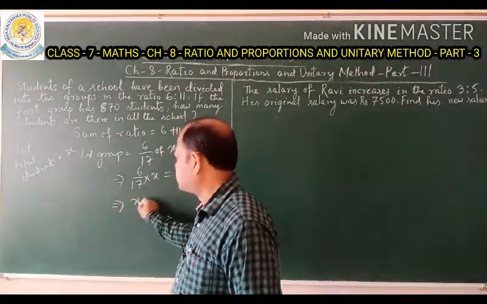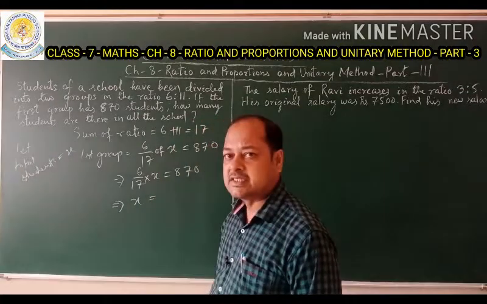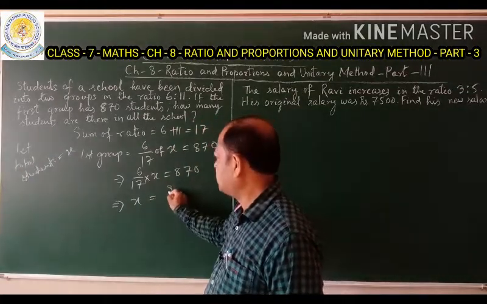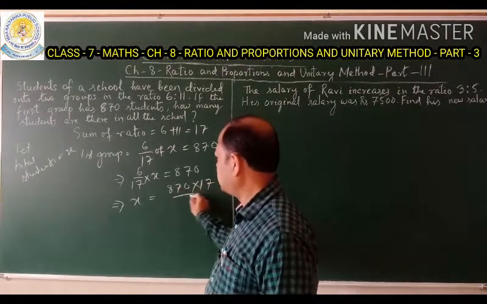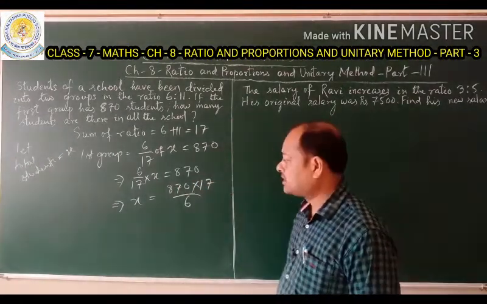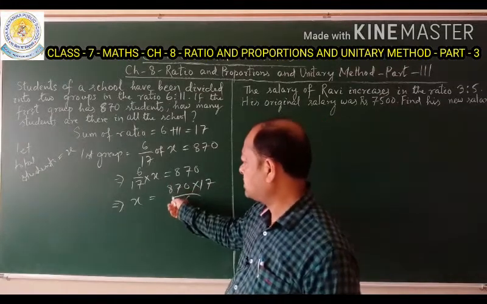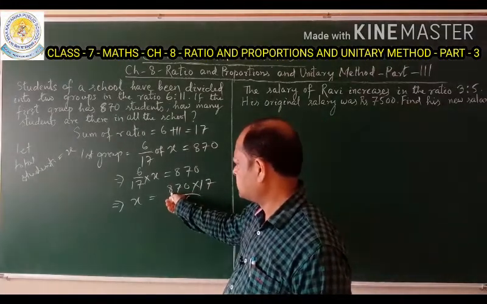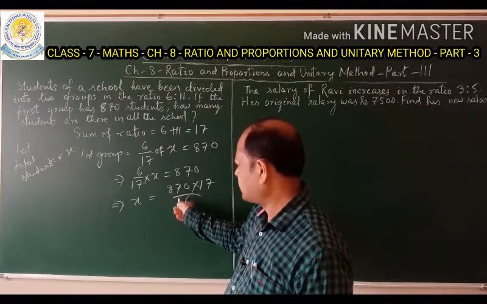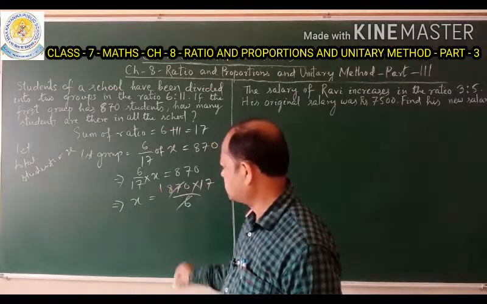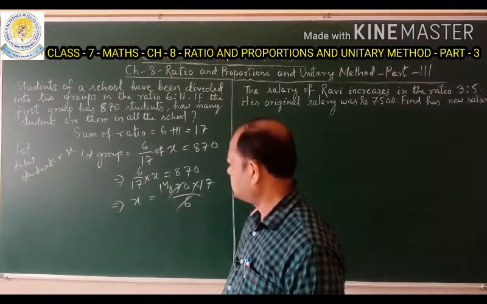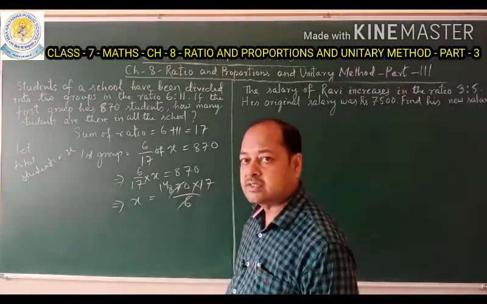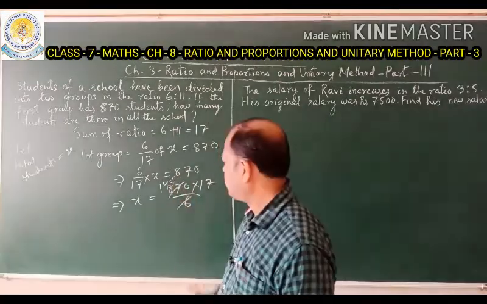We have to find out x. So what is the process to find out x here? It will be the reciprocal. So x equal to 870 into 17 upon 6. So how much will we get here? 6 will divide here. So let's see, 6 1s are 6, 8 minus 6 is 2, 27, 6 4s are 24, 27 minus 24 is 3, 30, 6 5s are 30.